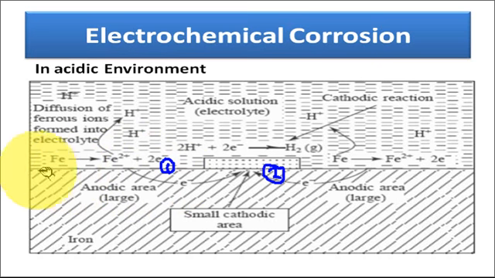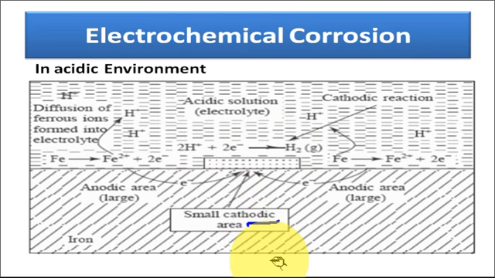The surface area where the acid drop is not present, that means where the iron metal is directly in contact with the environment, is called the anodic area, while the area where the acid drop is present is called the cathodic area.